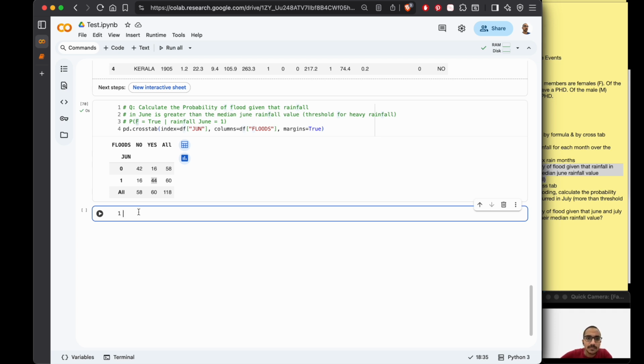P of, let me call floods F, and rainfall June, let's call it R. That's fine. So rainfall is R. Now, what is the conditional probability formula? P of F given R is P of F intersection R over P of R, right?